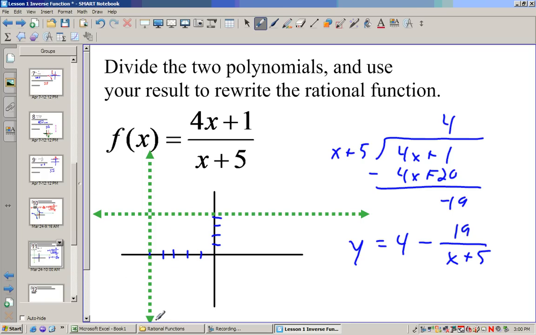Now the 19 is going to pull it really far from the axes. It's still not going to cross this line, but then it's going to keep going and get closer and closer to this one, but never actually touch it.